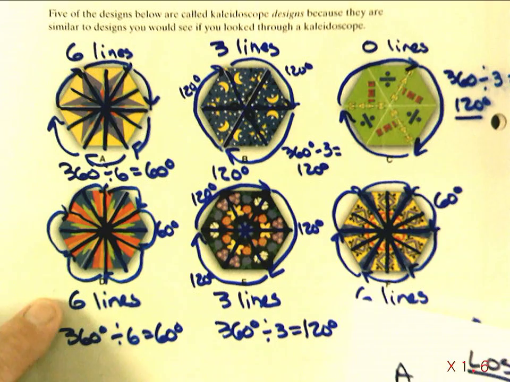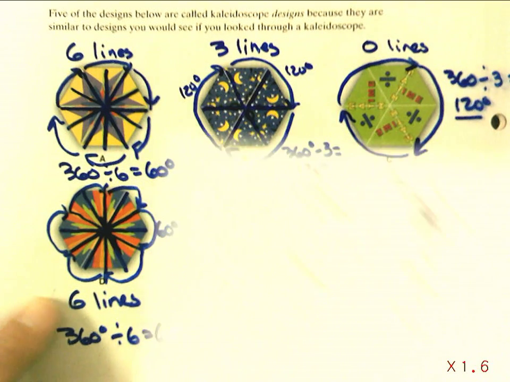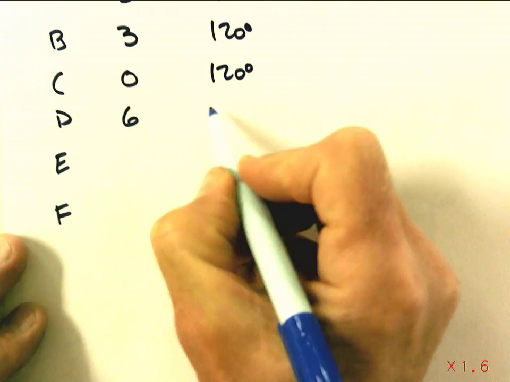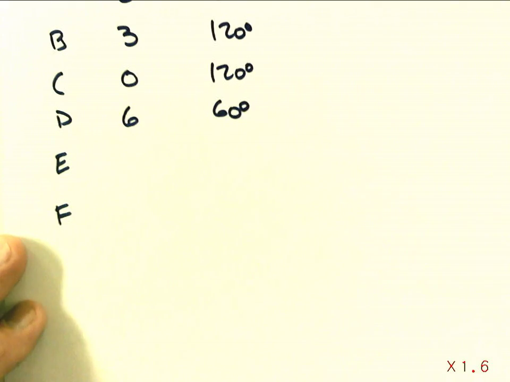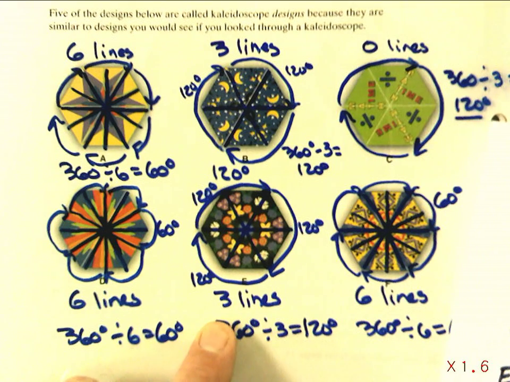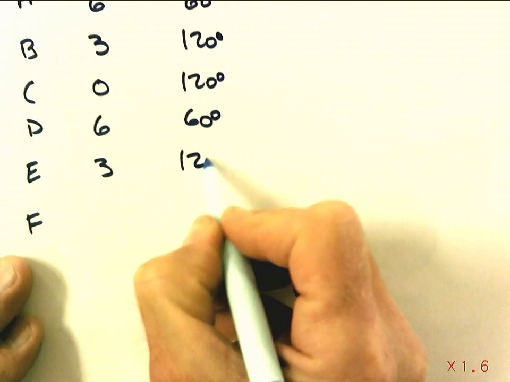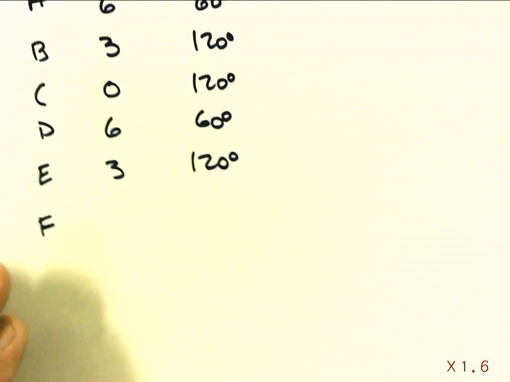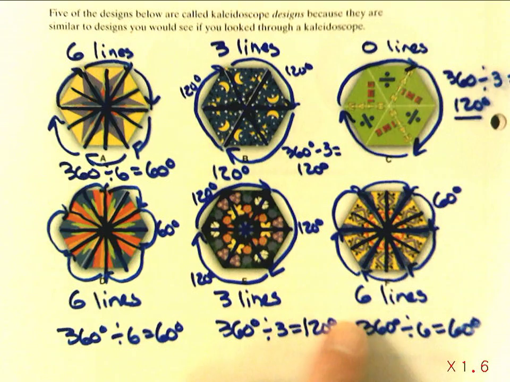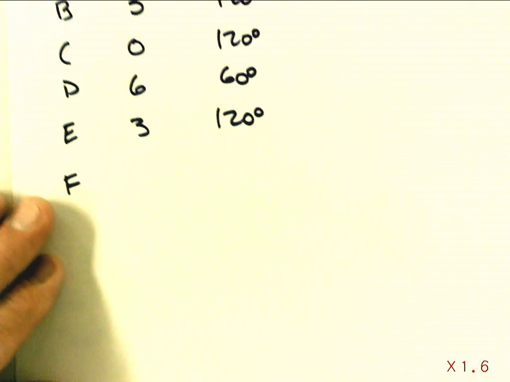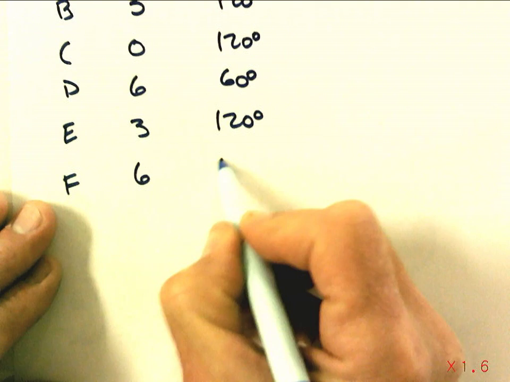D, 6 lines, 60 degrees. E had 3 lines, 120 degrees. And finally F had 6 lines, 60 degrees each.